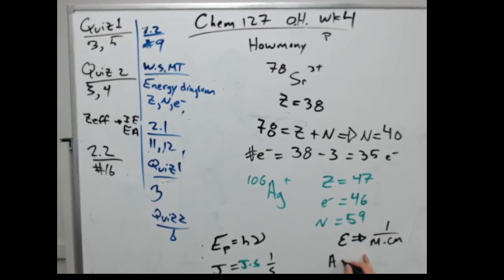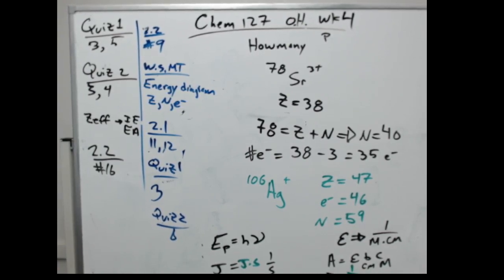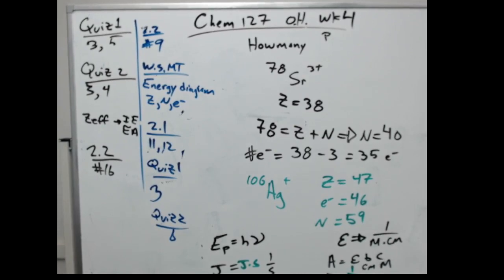No, but when we look at the equation A equals epsilon b c, if our c is in molarity and our path length is in centimeters and our A has no units, then my epsilon has to be in units of inverse centimeters inverse molarity in order for the units to work out properly. So the units end up just being those necessary to make it work out. There are deeper physical interpretations that are possible, but I struggle with them.